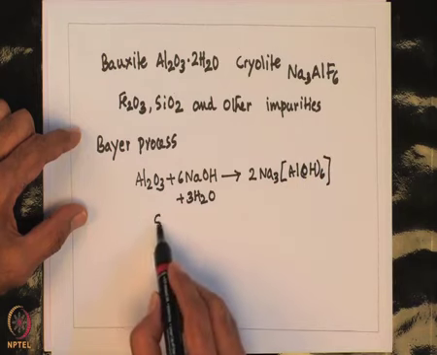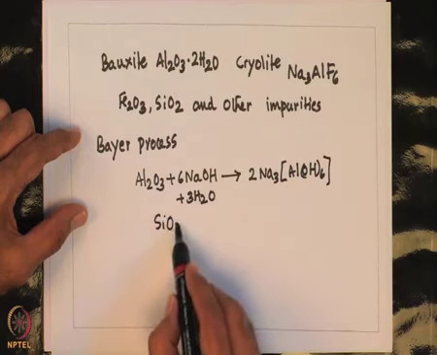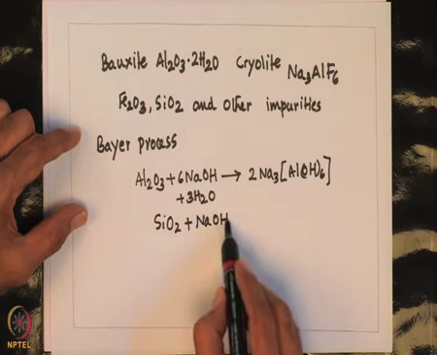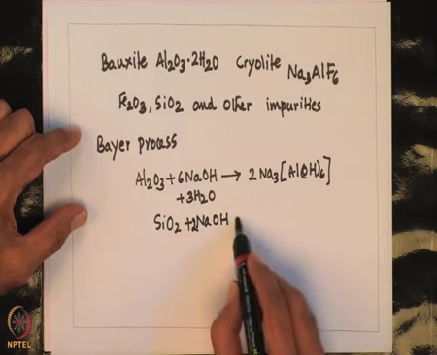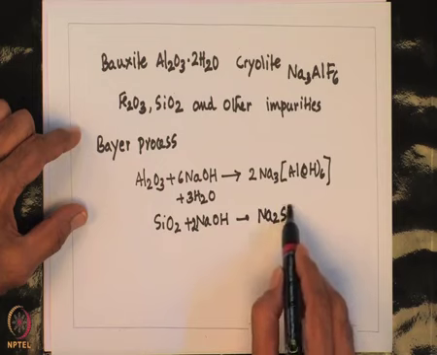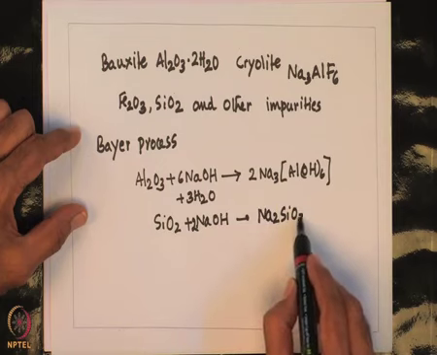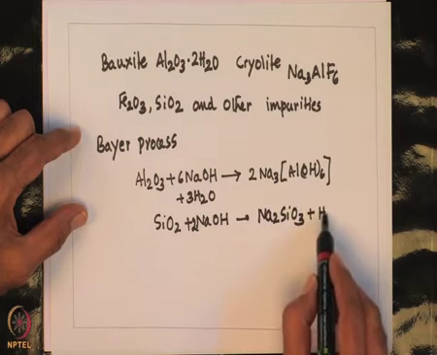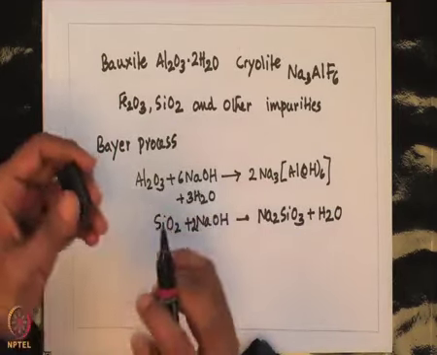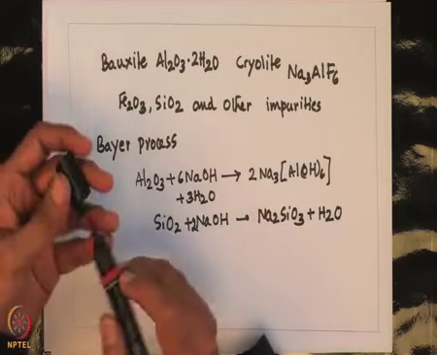Of course, silica also reacts with sodium hydroxide to form sodium silicate. So, bauxite treatment with sodium hydroxide results in the formation of sodium aluminate and sodium silicate.